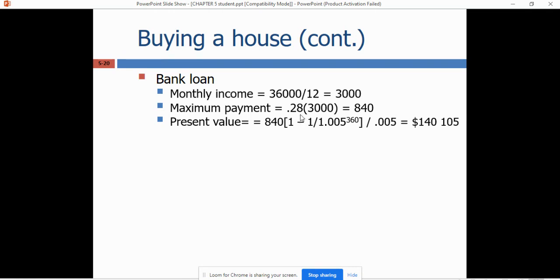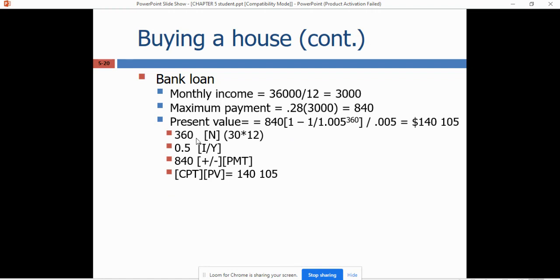The only difference is that the whole thing becomes negative 360. Here n becomes 360 because it's a monthly commitment. Your mortgage is a monthly commitment for 30 years times 12, which becomes 360. Then your interest rate, since we're calculating monthly, becomes 0.5%, and your mortgage amount is 840.